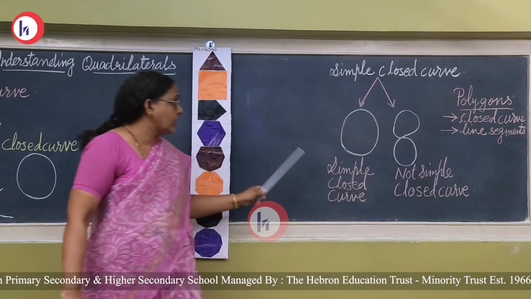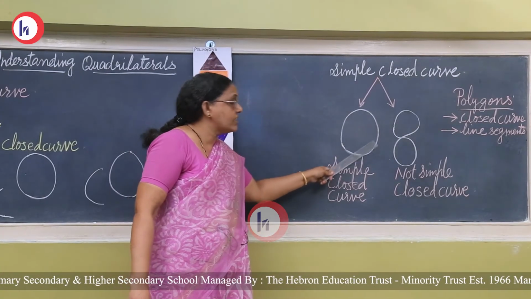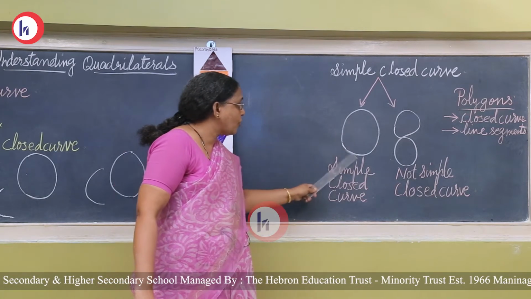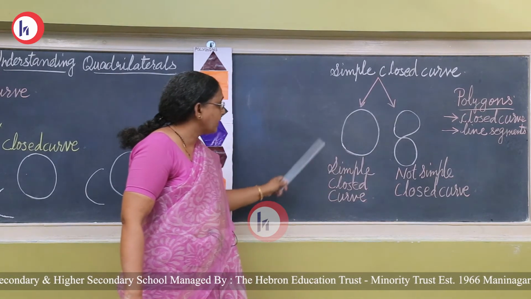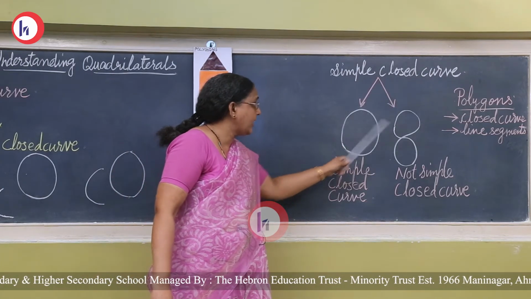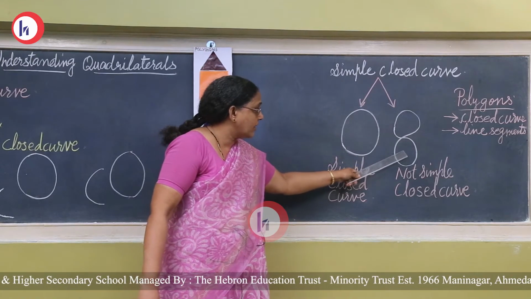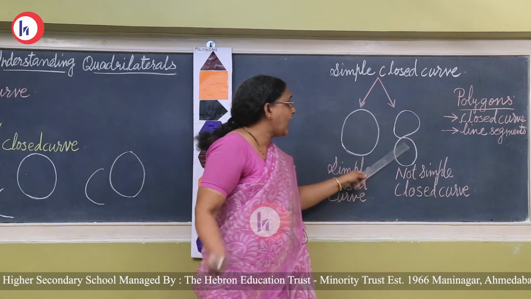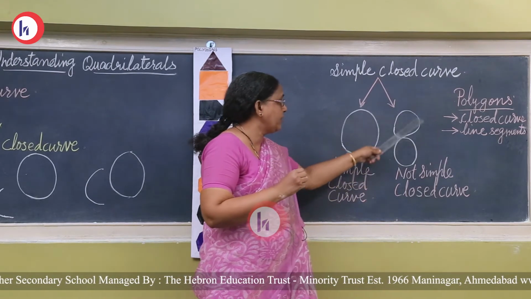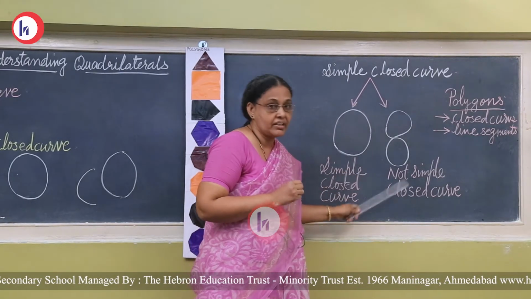This one is also closed and this one is also closed, but what is the difference? Here, when it is making a curve, it takes a turn in between and then it closes. So it is not a simple curve.